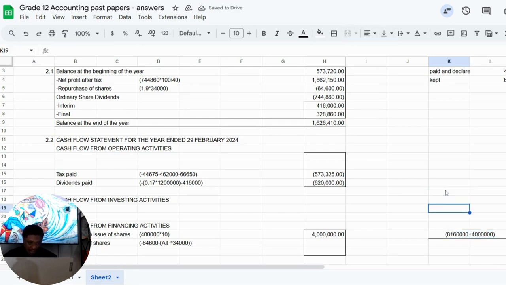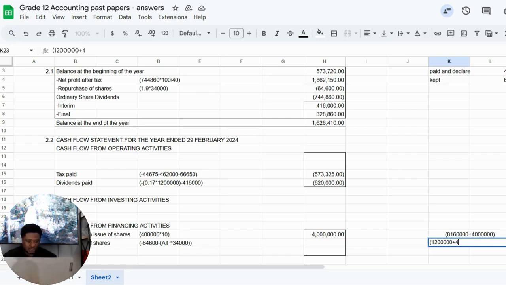From that 8,160,000, if we remember well, there were 1,200,000 shares. And then additionally, in the current year, we issued 4 million shares. And that's going to tell us how much on average this business has been issuing the shares for.